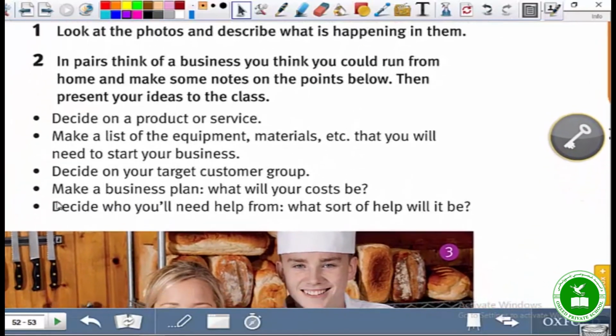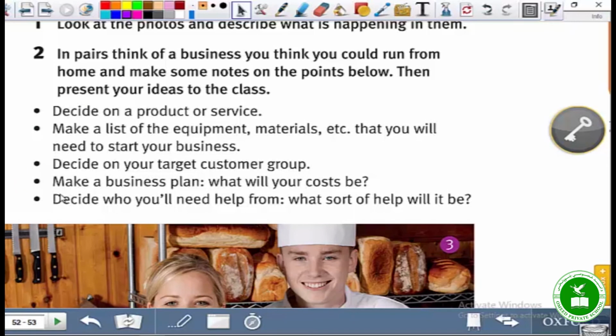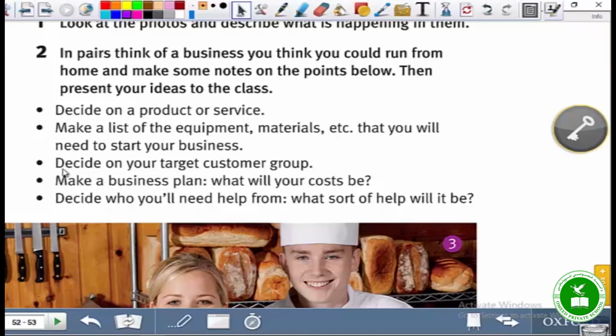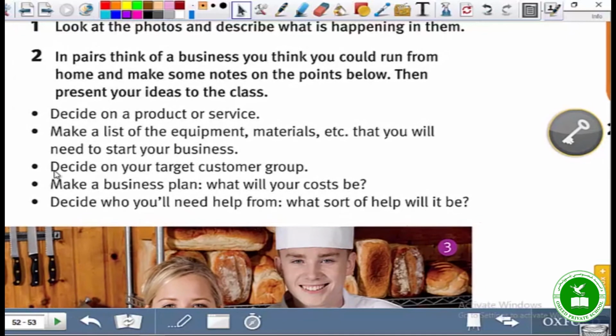Make a list of the equipment, materials, etc. that you will need to start your business. Of course, when you want to make sandwiches, you will need something. For example, you need some knives, some bread, and some cheese. Okay? And next part, decide on your target customer group.